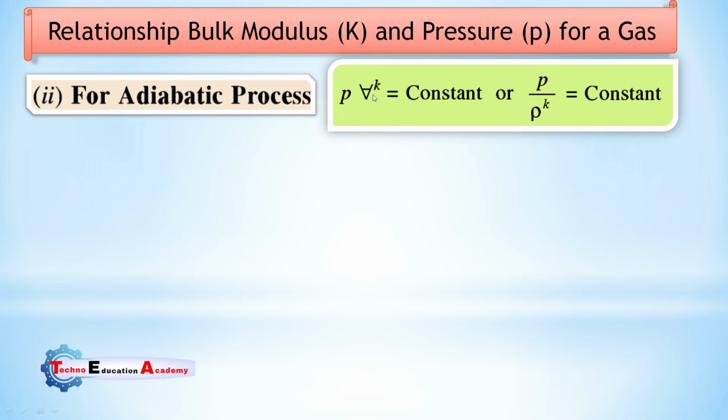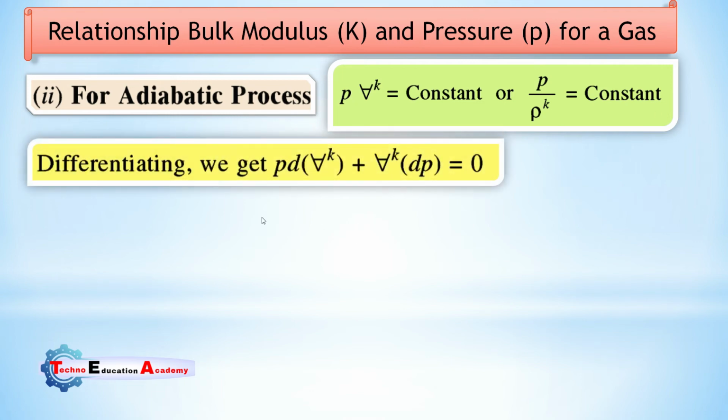This V is the specific volume, which is inversely proportional to density, because density equals mass upon volume and specific volume means volume divided by mass. So we can also write P by rho raised to K equal to constant.